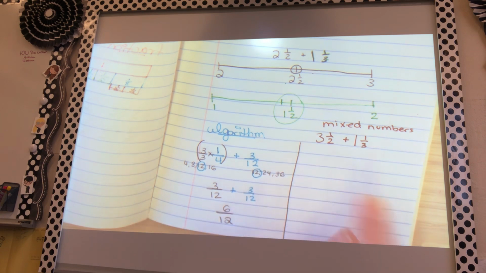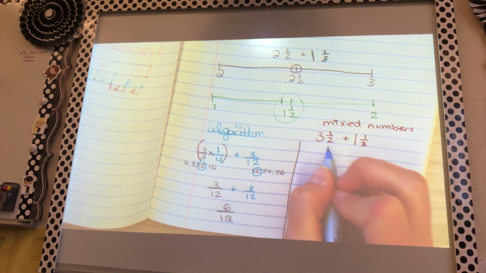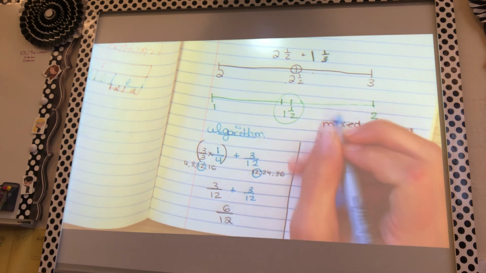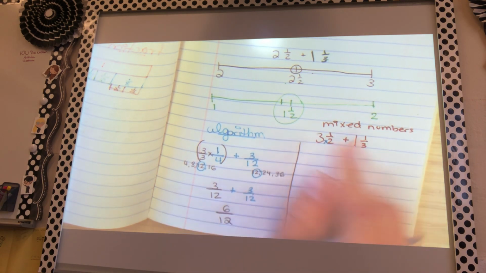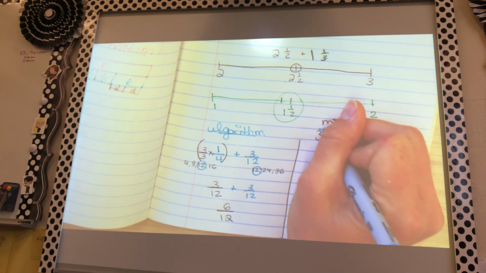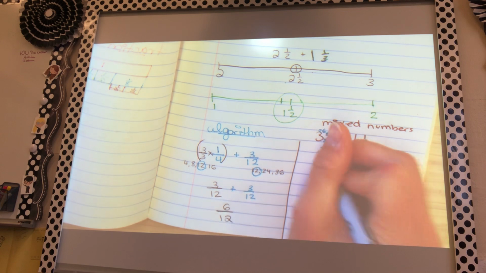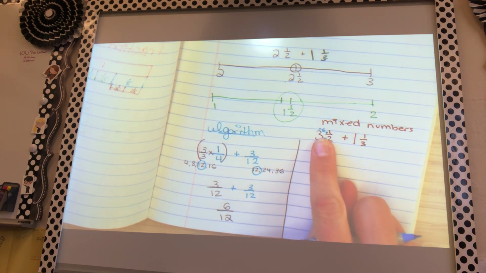So when I do this, there are two options. I can do a little trick to find an equivalent fraction greater than 1, which would be denominator times whole plus numerator. Denominator times whole of 3 would be 6, plus 1 would be 7. So 7, and then I just bring down my denominator. 7 halves equals 3 1/2.